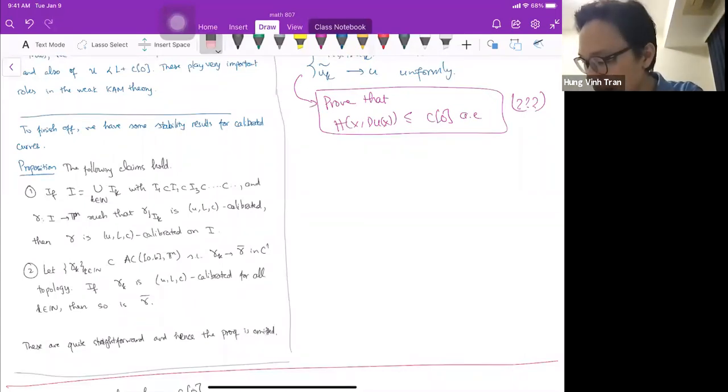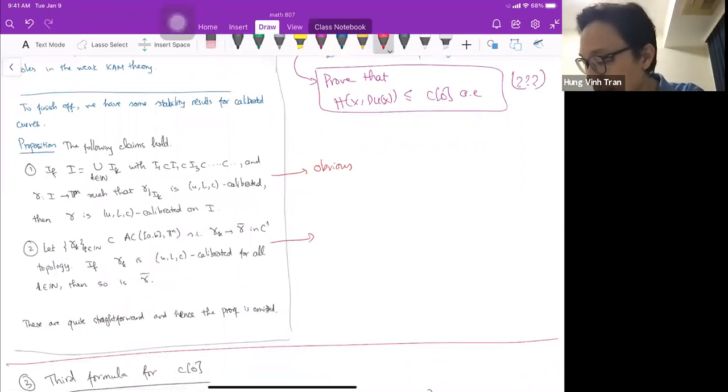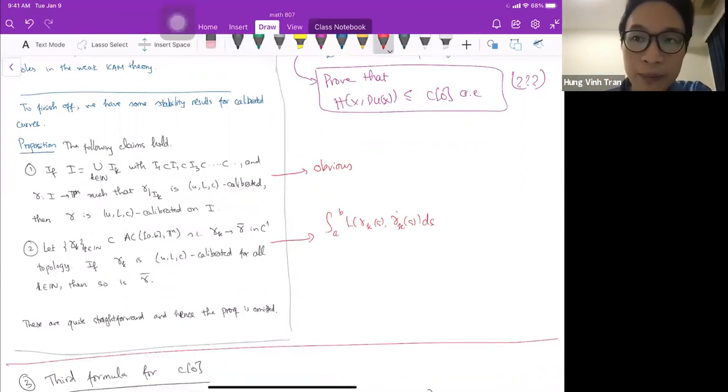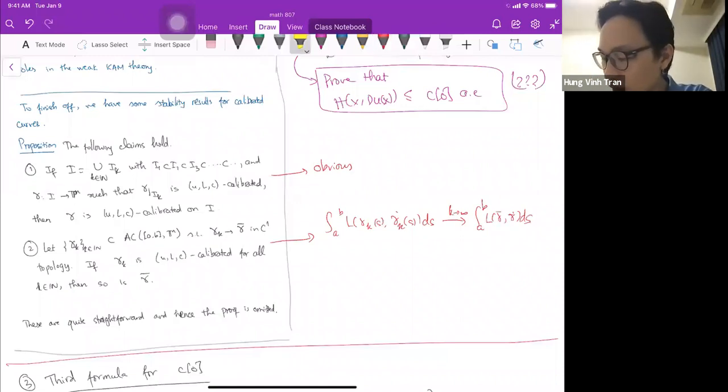The first claim is obvious from the definition, and this one is also obvious, because if I have the integral from a to b of L of gamma_k(s), gamma_k dot of s ds, I know that gamma_k is converging to gamma bar in C1. Since the convergence is in C1, as k goes to infinity, this is just converging to the integral of L of gamma bar, gamma bar dot ds. So clearly gamma bar is calibrated as well. Okay, so we are done.